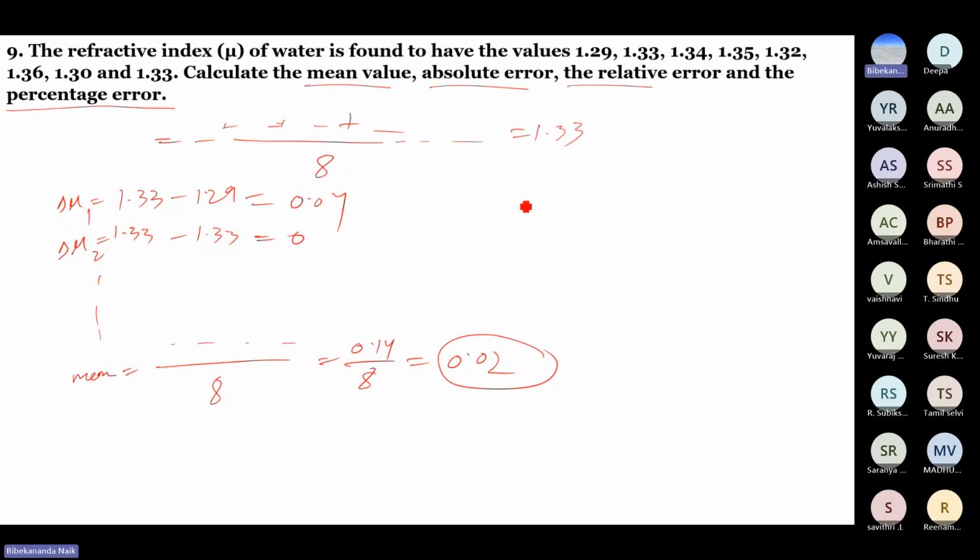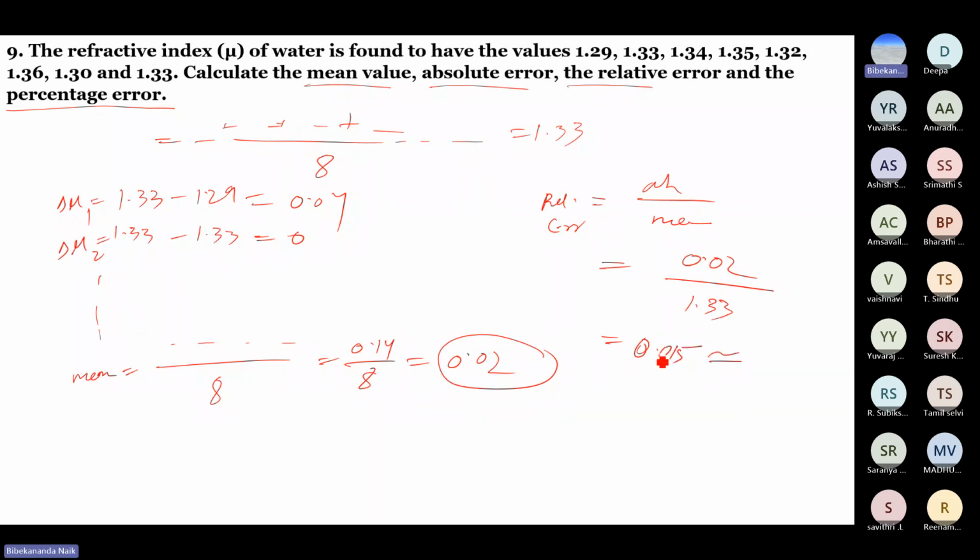Then the relative error is absolute error divided by mean value. The absolute error is 0.02 divided by the mean value 1.33. So it is 0.015.